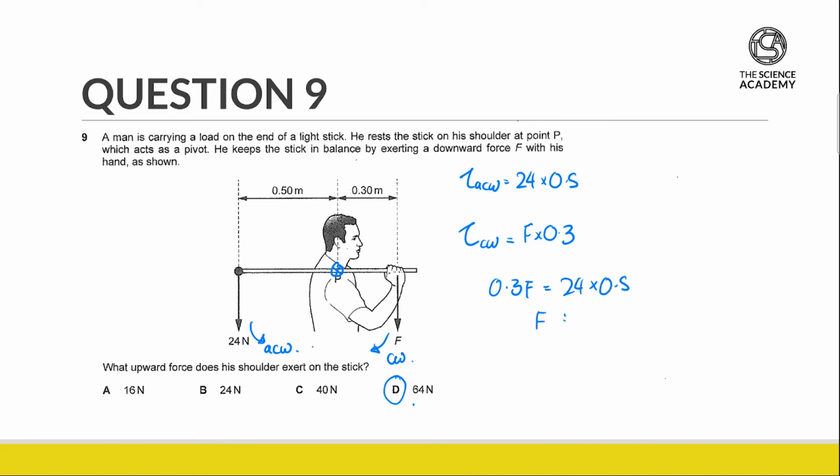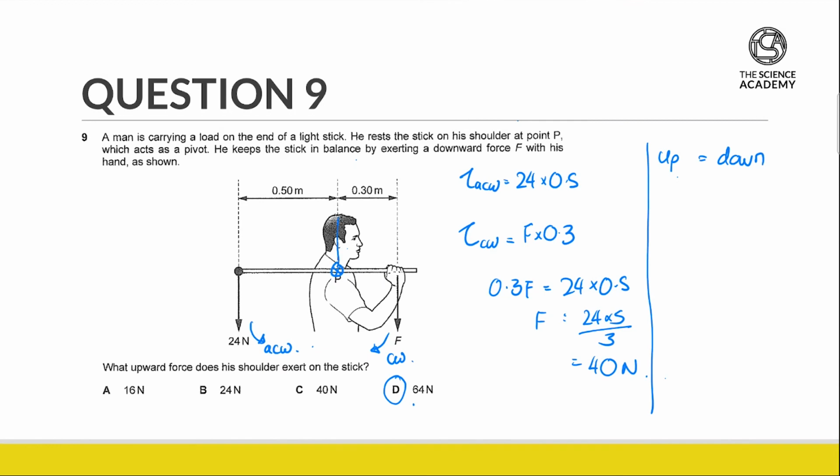Solving for F, this gives me 24 times 5 over 3, which I believe is going to be 40 newtons. Now, from here, because the stick is in equilibrium, we know that all the up forces must be equal to all the down forces. And what are all the up forces?